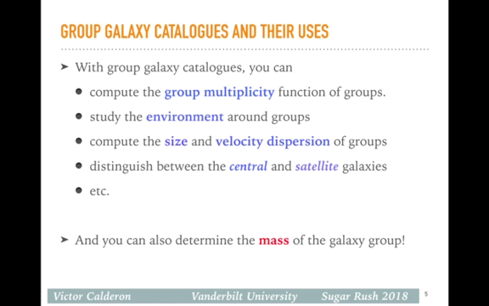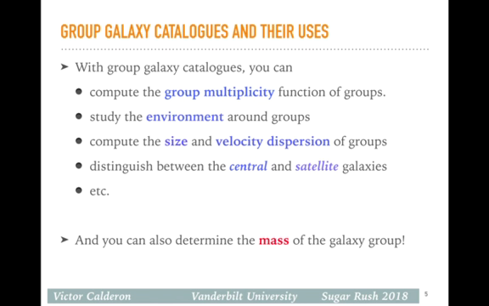With that all said, one of the main parameters that define a galaxy group is its mass. Mass is important because we believe it can affect many different properties, like galaxy properties, like color or specific star formation rate and everything. So it's important to actually get a good estimate of the mass using some method.